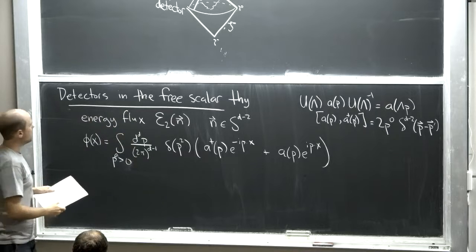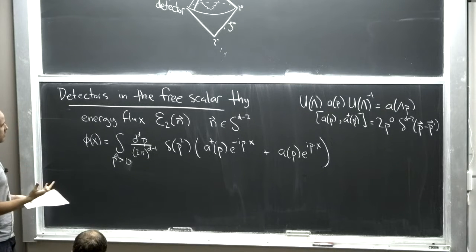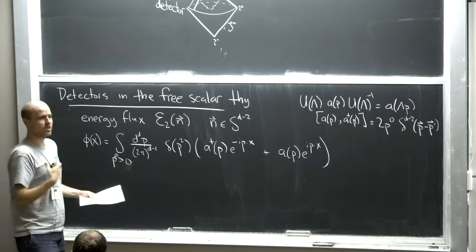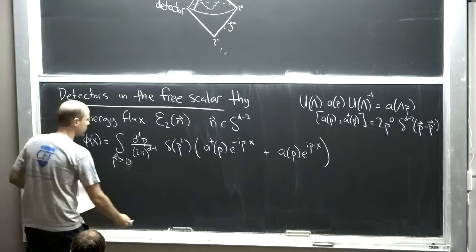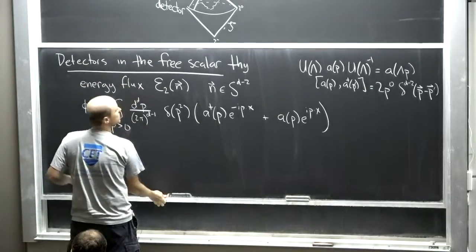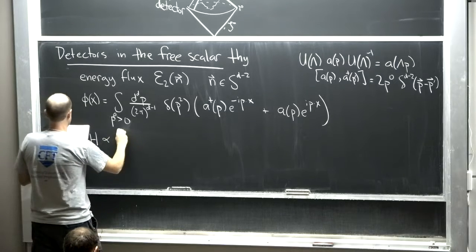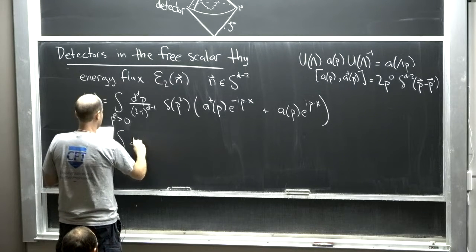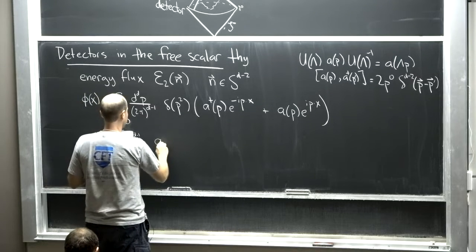All right. Good. So the idea of the energy flux operator is we can start with an expression for the Hamiltonian, and then we break the Hamiltonian into different pieces corresponding to different angles on the celestial sphere. So the Hamiltonian in this normalization is an integral over spatial momenta of just a dagger times a.